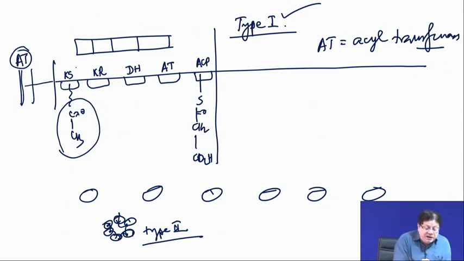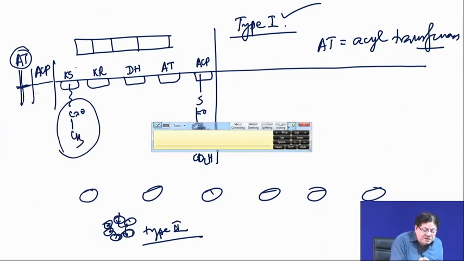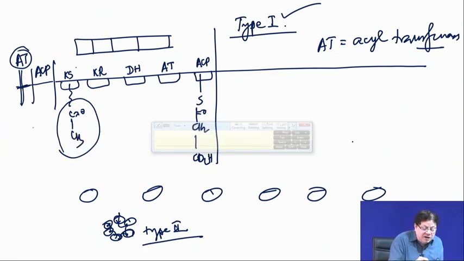So, initially there is an acyl transferase here, and all polyketide synthase starts with this acyl transferase, because that takes up the acetyl group, acetyl coenzyme A, and there is an ACP also here. So, first this AT puts the acetyl group onto the ACP. ACP, remember, has an SH.